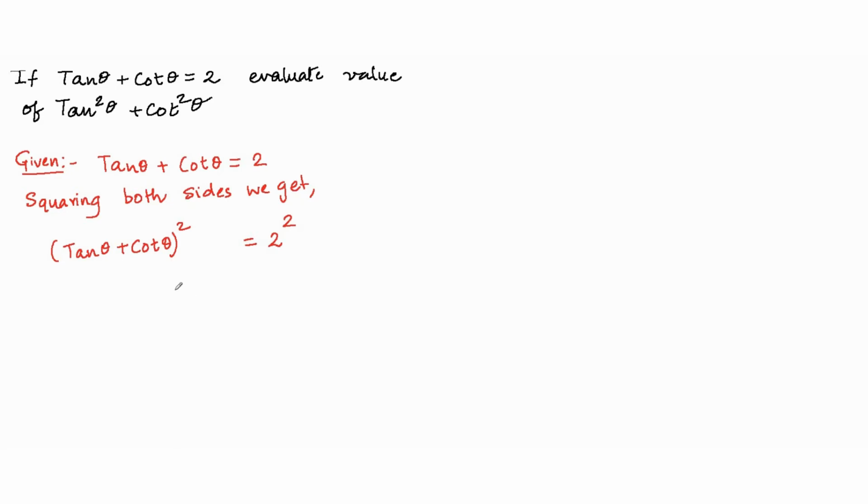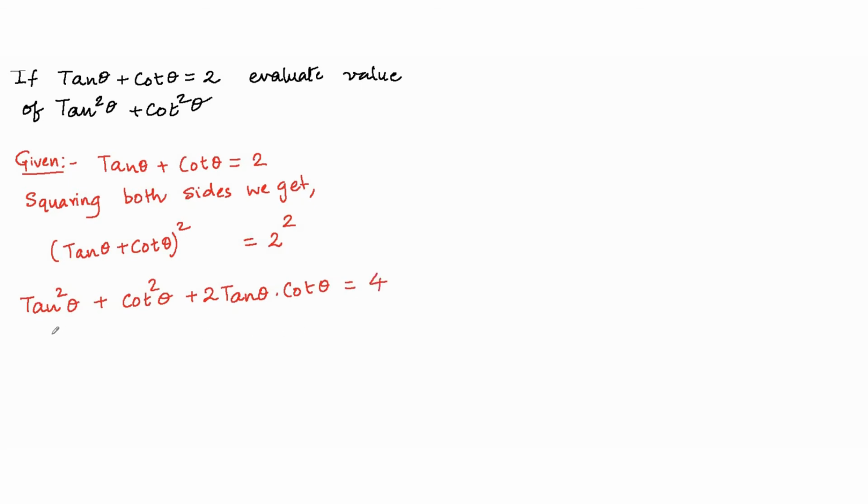Now I can use the form a plus b the whole square here. So a plus b the whole square is a square plus b square plus 2 times tan theta times cot theta is equal to 2 square is 4.